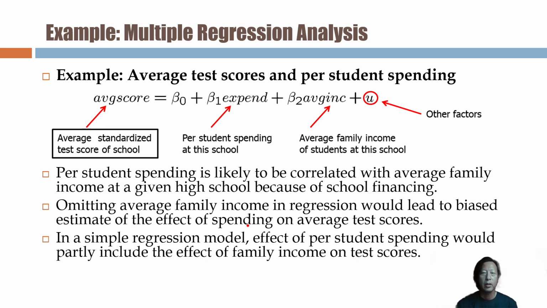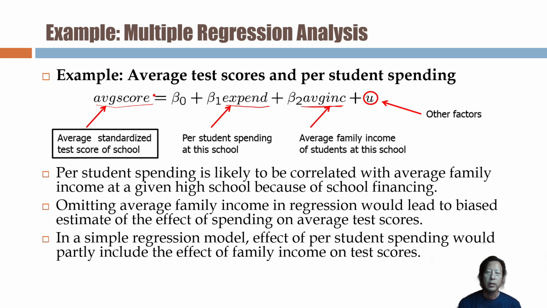And also the average family income of the students at this school. Different schools have different average family incomes. Both of them are about money, so do richer schools have a higher average score or not? You can think about it.